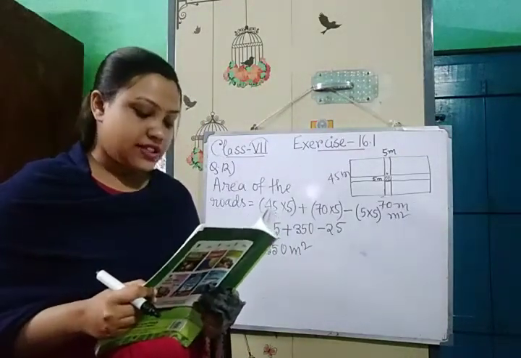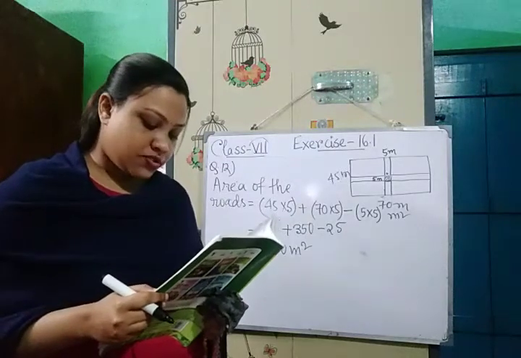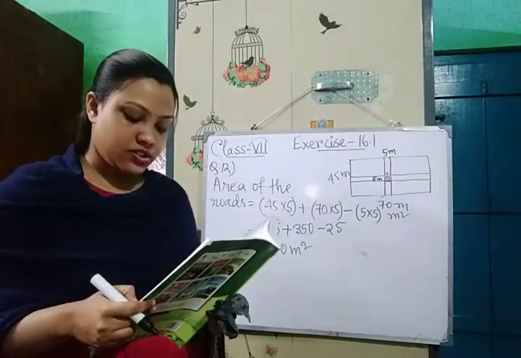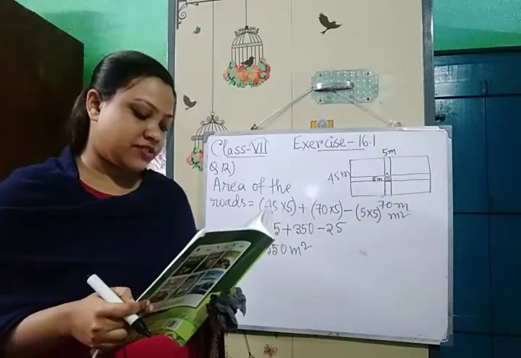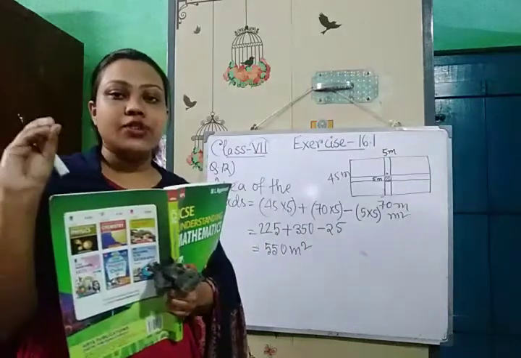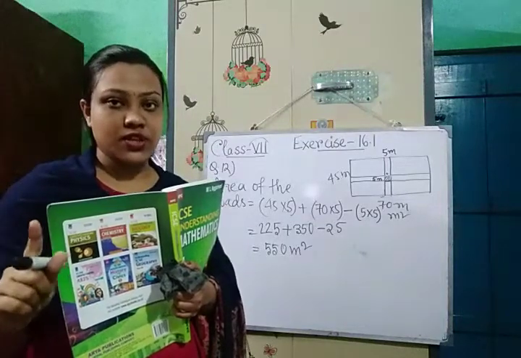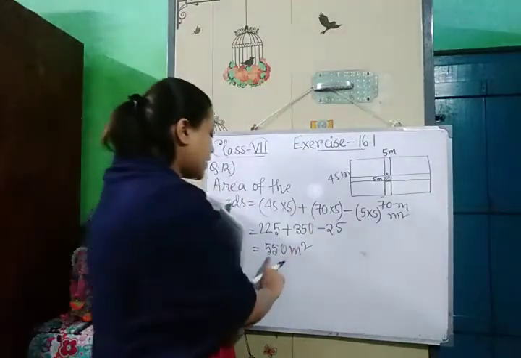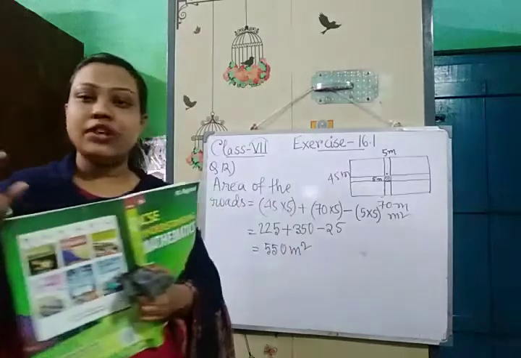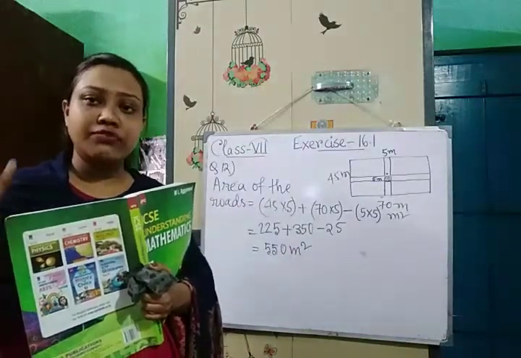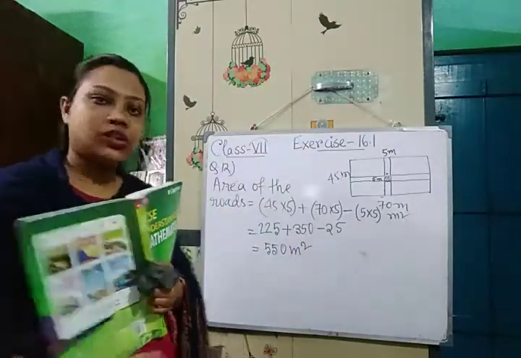Now another question is asked: also find the cost of constructing the roads at the rate of rupees 105 per meter square. So it takes rupees 105 to construct a road per meter square. So here 550 meter square. We will have to multiply 550 with 105 to get the total cost.